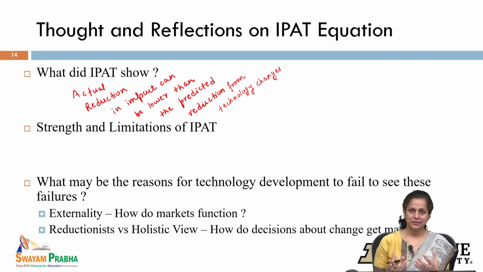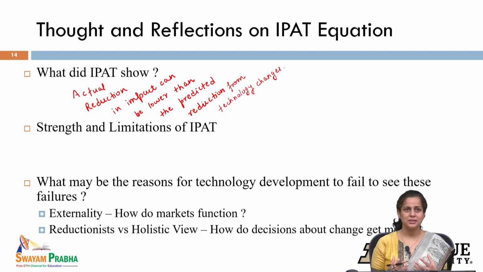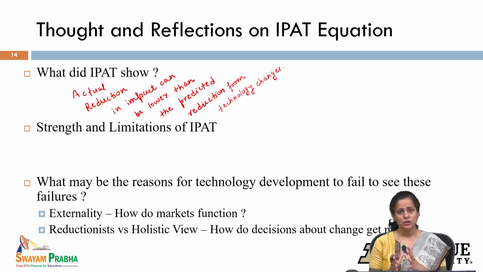Of course, the strength of IPAT is that we are able to see different aspects together, and the limitation is that it does not really help us see the translation into actual real systems directly.